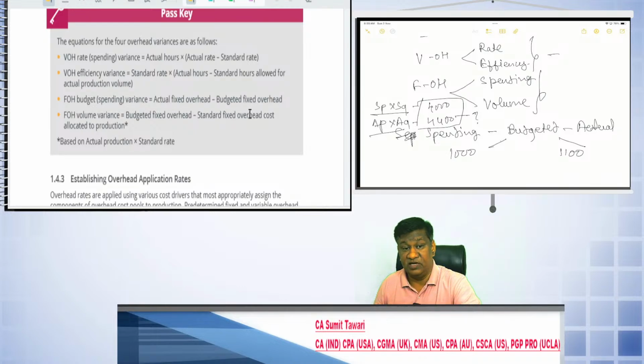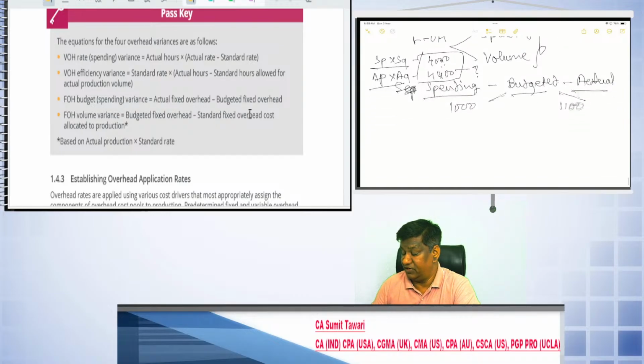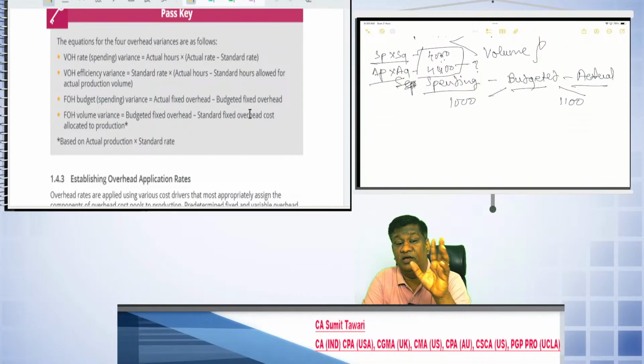But in a fixed overhead spending variance, we need to calculate exactly the difference between whatever the budgeted spending and whatever the actual spending is, like this minus this. Whenever we take a practical problem, I will explain. Whenever you calculate the spending variance, you calculate the difference between the absolute number for the budget and the actual number. That is basically the budget variance.